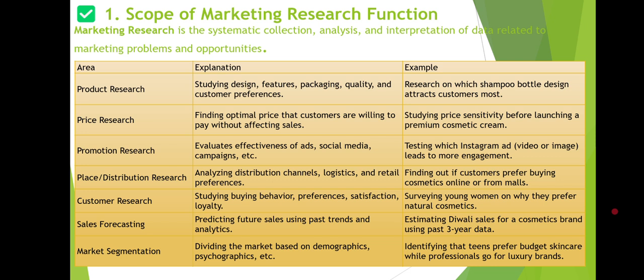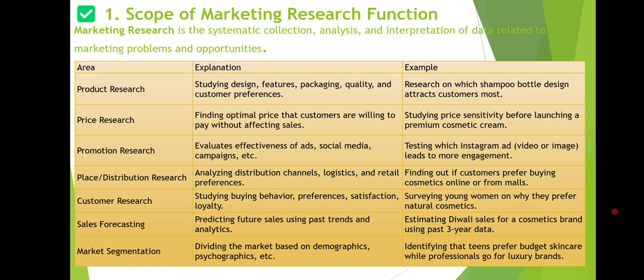And these are the areas where we basically use marketing research. First area we have product research, where we study designs, features, packaging, quality and customer preferences that are demanded in the market. For example, research on which shampoo bottle design attracts the customer most.